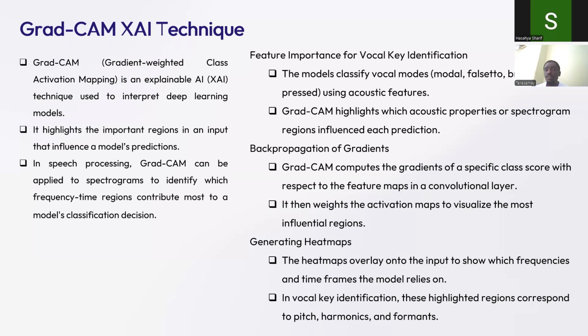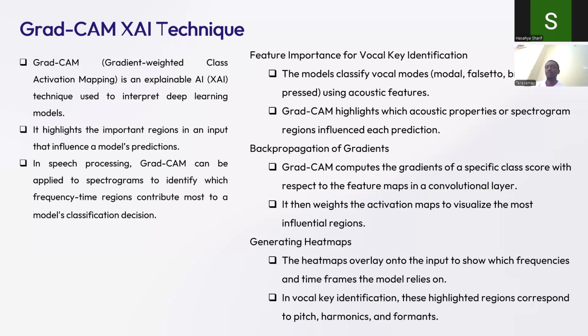And then the feature importance for vocal mode identification, where the models classify vocal modes, which were modal, falsetto, breathy, and pressed, using the acoustic features. Grad-CAM highlights which acoustic properties and spectrogram regions influenced each prediction.